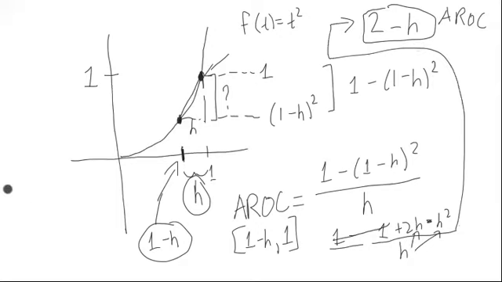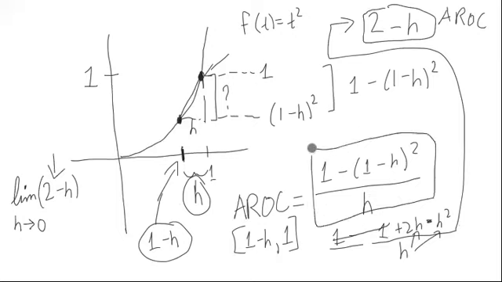What could we say 2 is? We can call that a limit. As h approaches 0, the average rate of change is equal to this. It's not equal to this when h is 0. When h is 0, this expression is not defined, so we can't just plug in 0 for a run, because that would mean dividing by 0 for a slope.